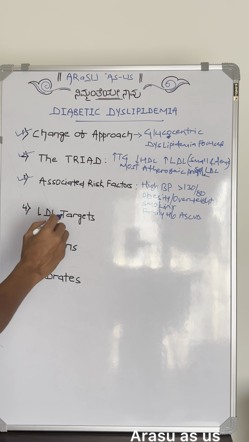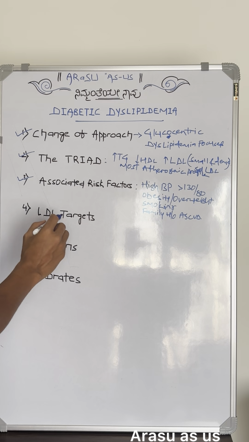Coming to the triad of diabetic dyslipidemia, it consists of 3 things: increased triglycerides, decreased levels of HDL, and increased LDL, which are mainly small and dense. So in short we call it SDLDL.